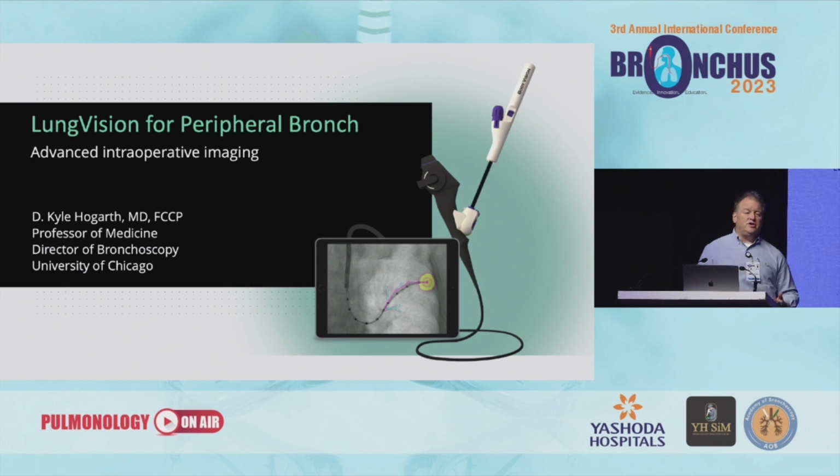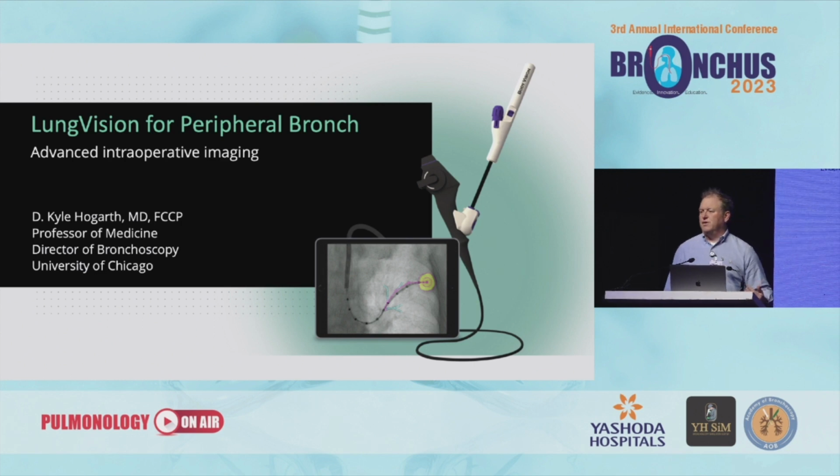And honestly, you know this even from just taking a so-called blind transbronchial biopsy. It is typically done with some amount of fluoroscopic guidance to at least confirm you're in the general area you wanted to be. The limit to fluoroscopy has always been, of course, the inability to see the lesions. So where advanced intraoperative imaging comes in, where lung vision comes in, is the ability to take that C-arm data and do something more valuable with it.